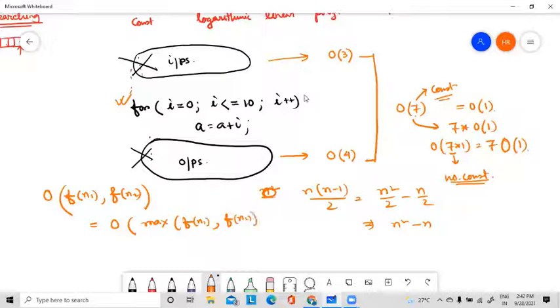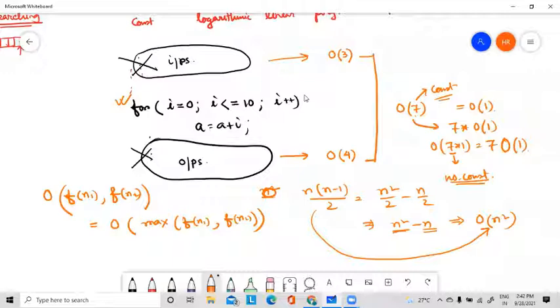I hope it is clear. The big O notation will give the maximum among these two. So which one is the maximum? This is fn1, this is fn2. Which one is maximum? N square. So the maximum will be represented. That's why the time complexity of bubble sort becomes order of n square.